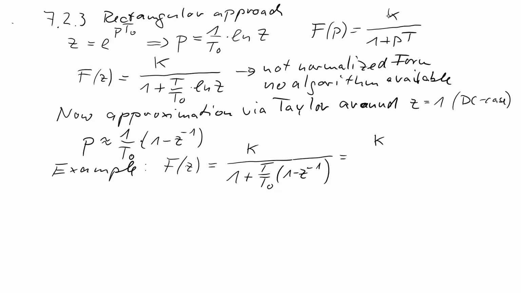I just separate the coefficients. There is this T divided by T sub o times 1. So this is the 1 plus T divided by T sub o, the element without a z, minus T divided by sampling time times z to the power of minus 1. So now normalize.